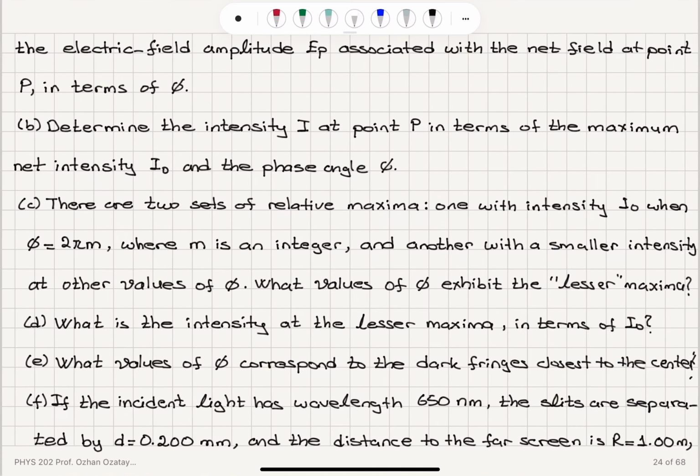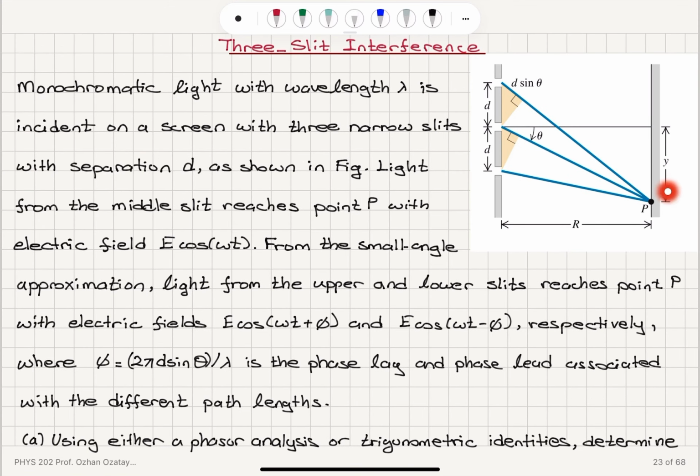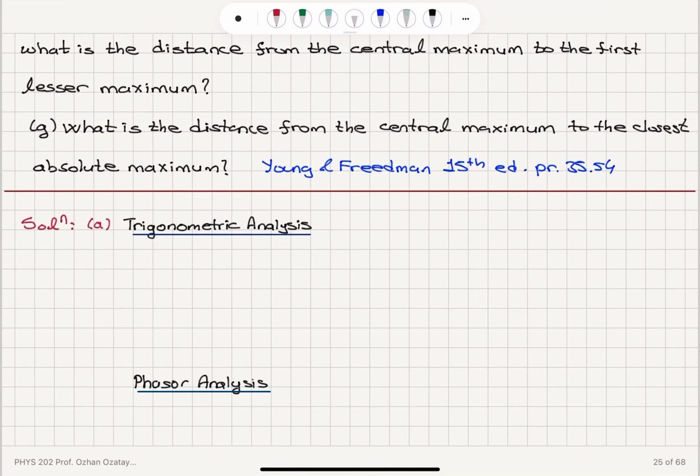Okay, so we have electric field components reaching point P with E cosine(omega t plus phi) and (omega t minus phi) phases. Using trigonometric analysis, we can calculate the total electric field at point P as the sum of the electric fields coming from the lower slit, upper slit, and the middle slit.